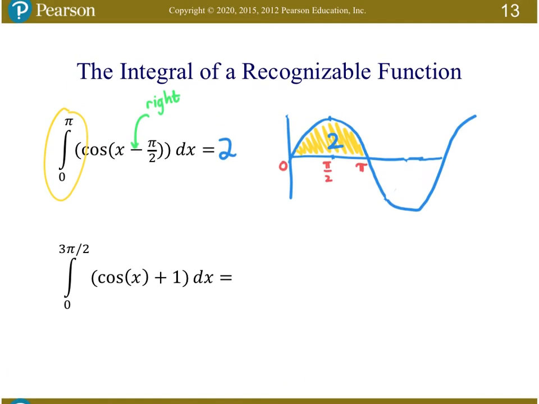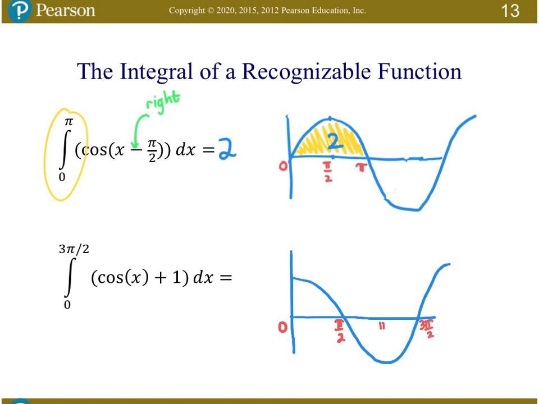Okay, what if I take this cosine graph and I don't move it to the right, but I shift it up 1, and I go from 0 to 3 pi over 2? All right, well, let's take a look at that. All right, here is 0, pi halves, 3 pi halves.